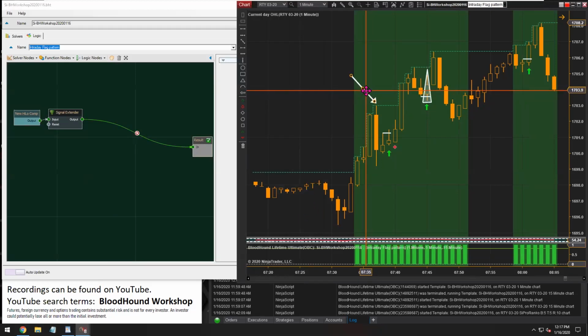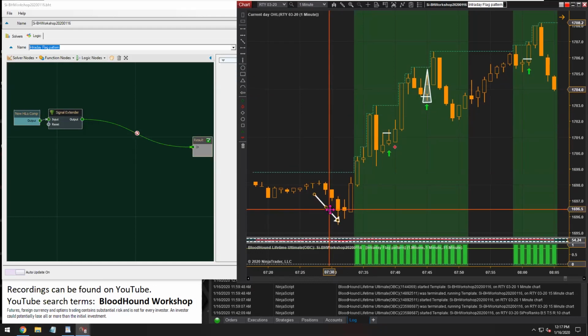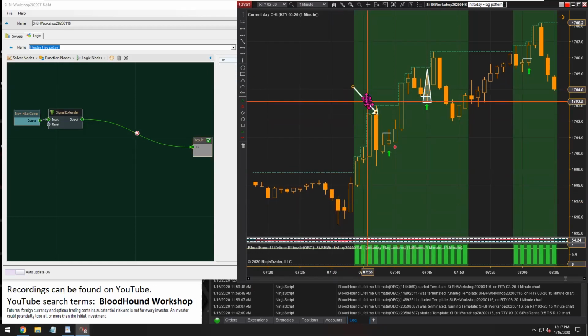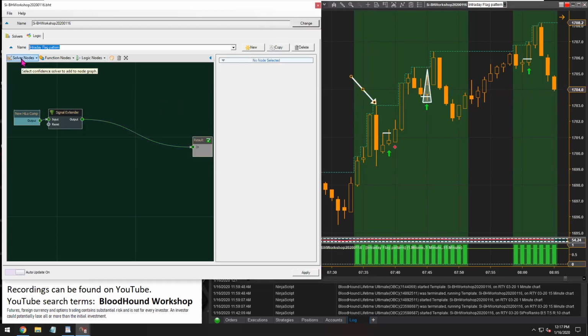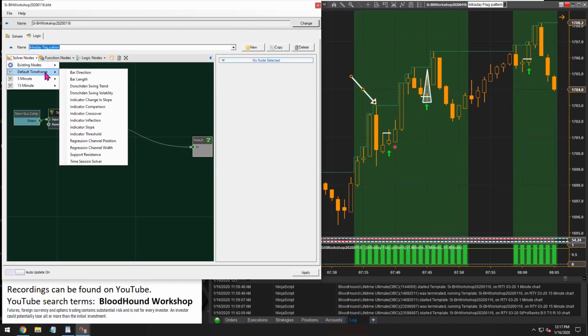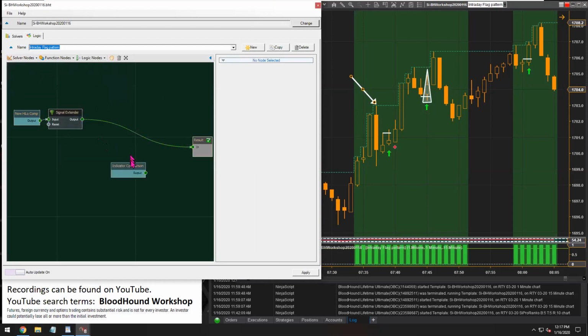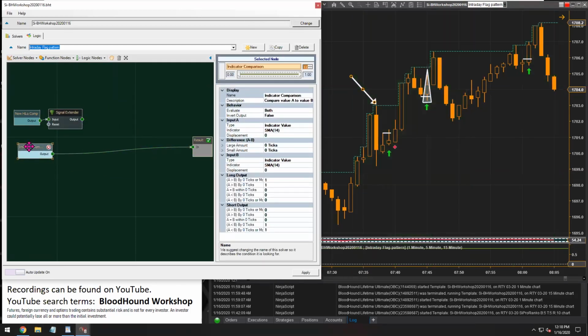To determine if the highs are stepping down or if the lows are stepping up, again, we're doing a comparison, right? We're going to compare the bar high to the previous bar's high. So we're going to need some more comparison solvers. We're looking for bar lower highs or higher lows.